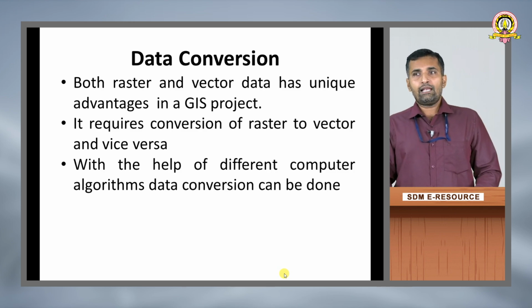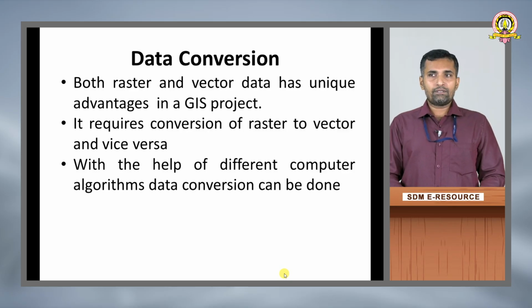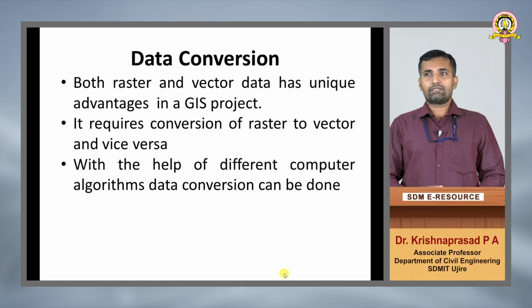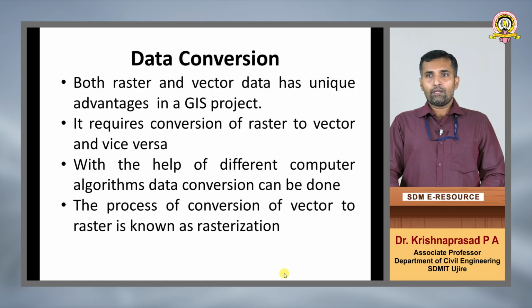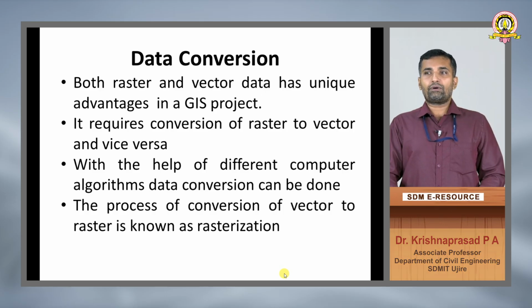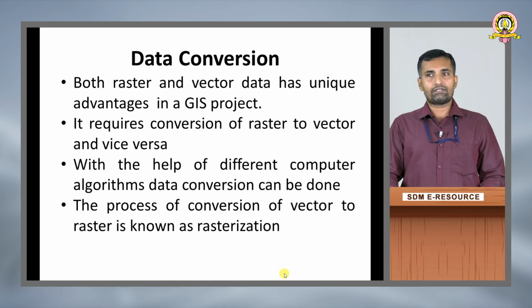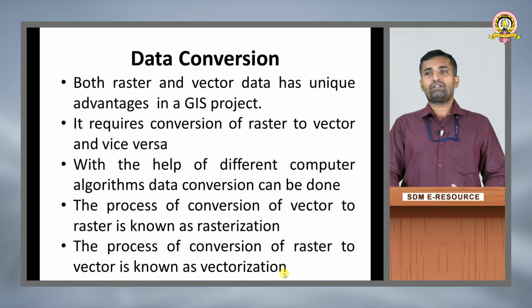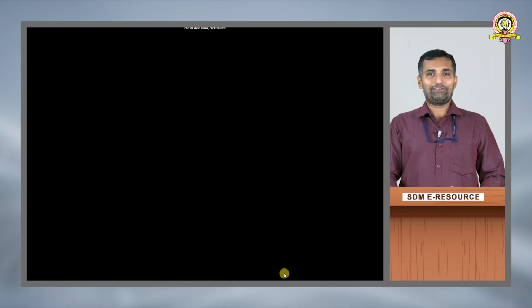With the help of different computer algorithms, data conversions can be done. The process of conversion of vector to raster is known as rasterization. The process of conversion of raster to vector is known as vectorization. Thank you.